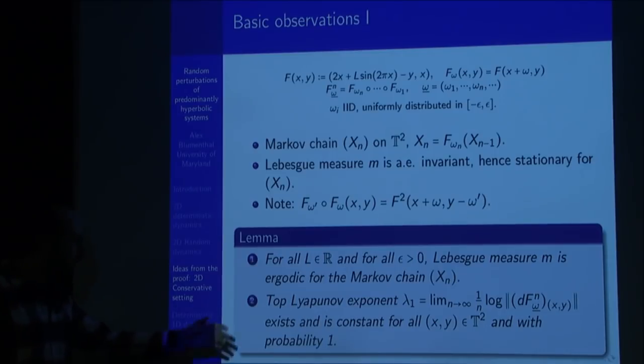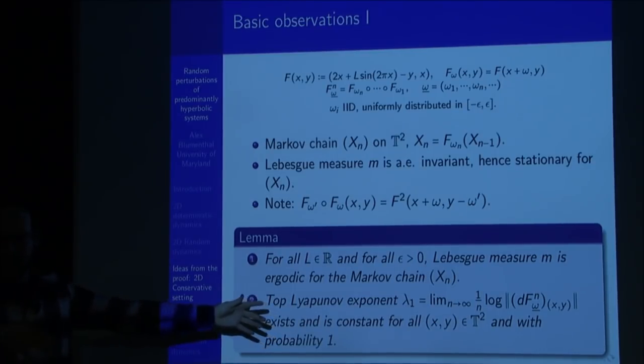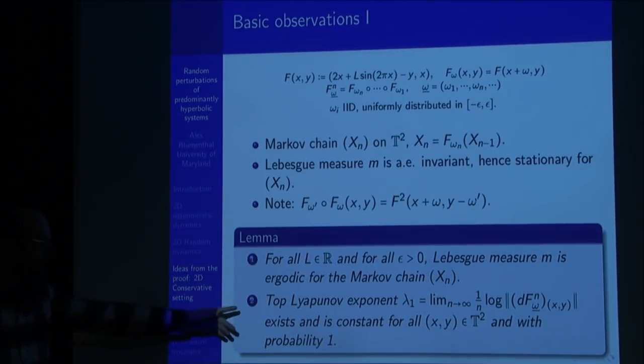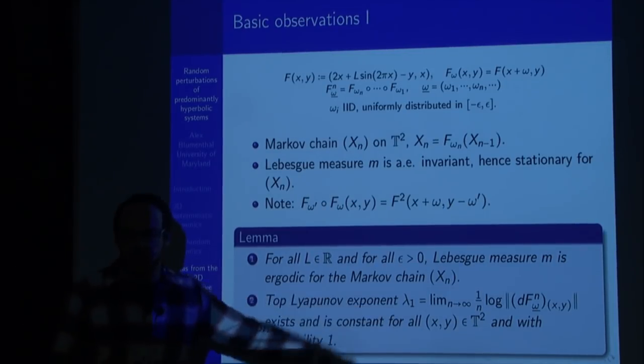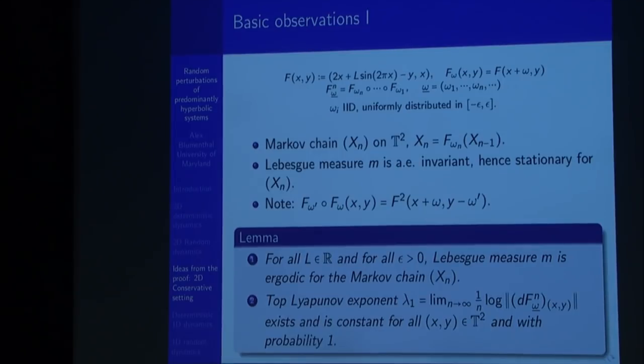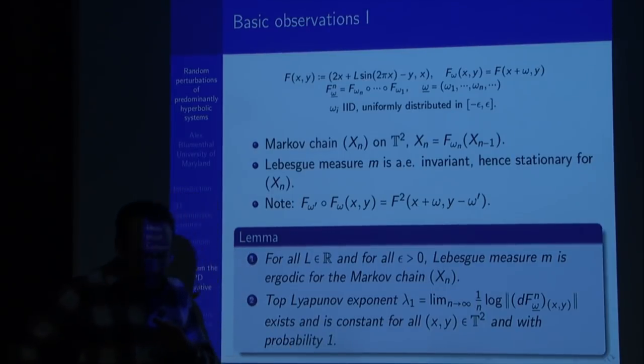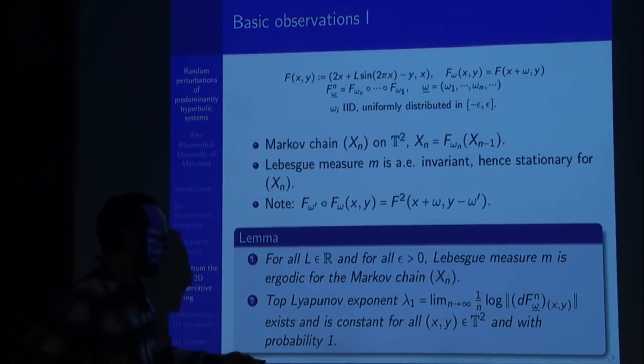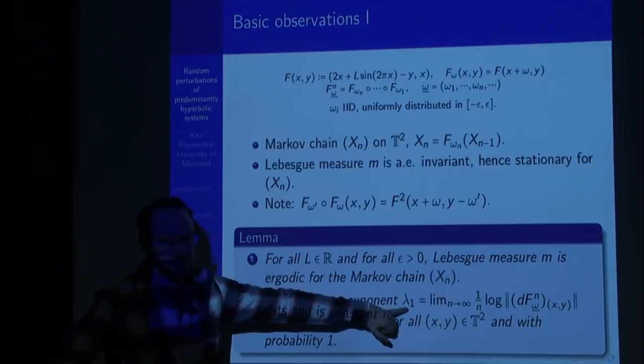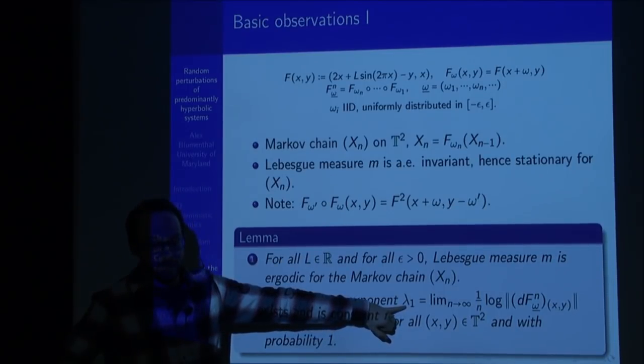And now, by whatever abstract theory you want, Kolmogorov 0-1 law or multiplicative ergodic theorem, the top Lyapunov exponent exists and is a constant almost surely. And actually, based on a very well-known theorem of Furstenberg, well, an elaboration of a very well-known technique of Furstenberg, you actually know that for any positive epsilon, this number is strictly positive.